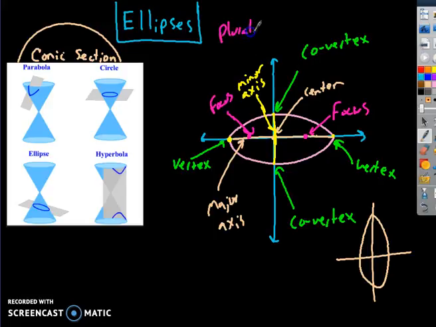It's two focuses, or more than one focus. Those are all really important parts of the ellipse. I'll get all that copied down someplace, and we're going to talk about how we can find each one of those special places in the ellipse and why they're important.